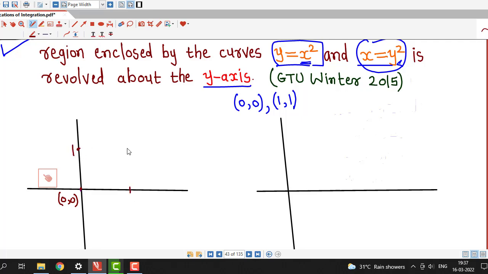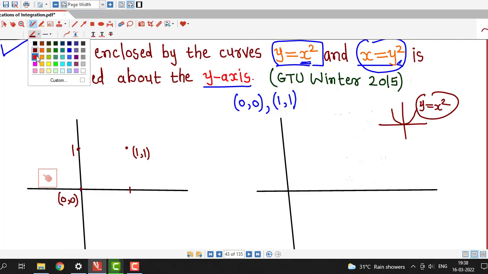So here also we have the point (1, 1), and y equal to x square is this type of parabola.